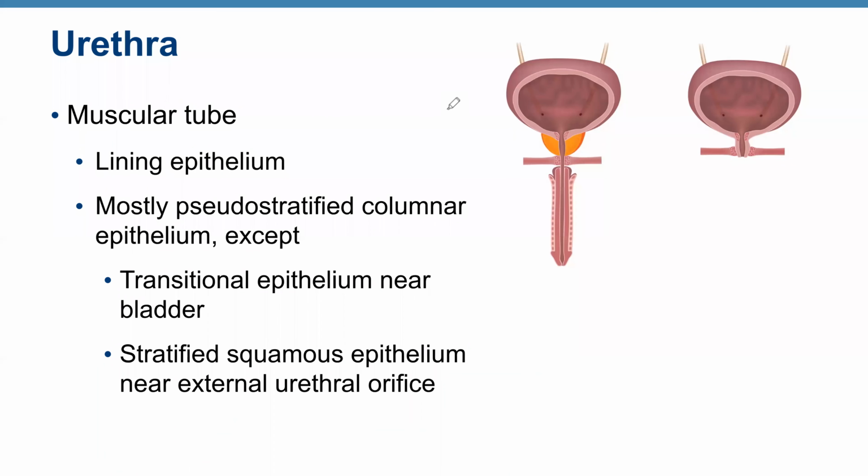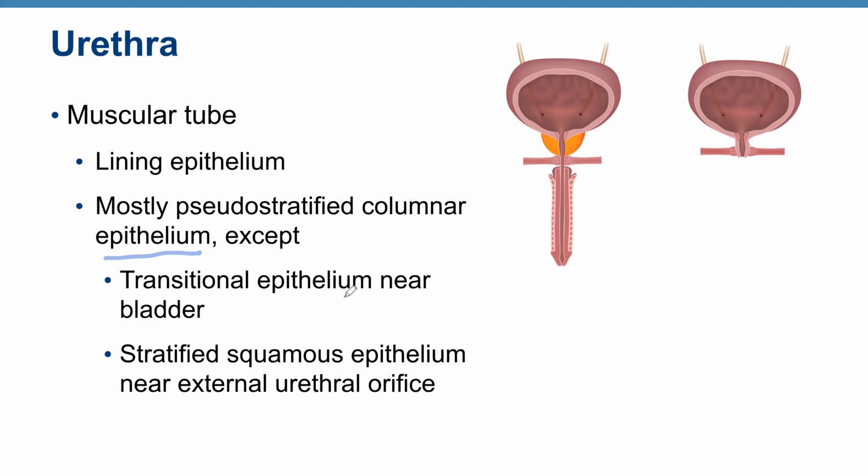The urethra is a muscular tube. The lining epithelium is partially transitional epithelium, and then we have pseudostratified columnar epithelium.